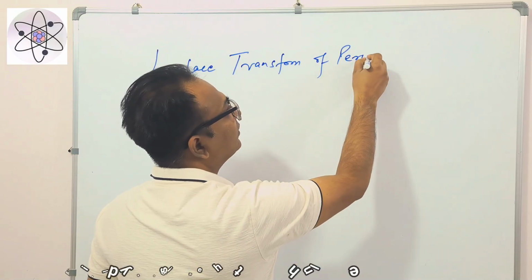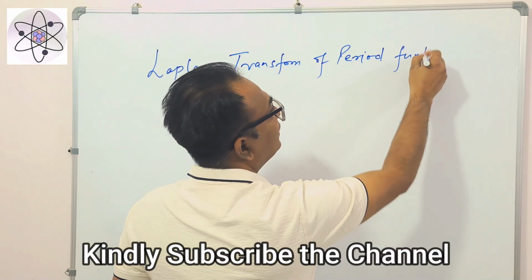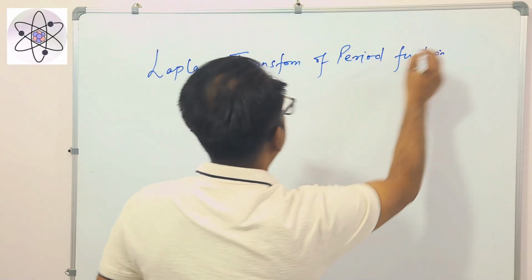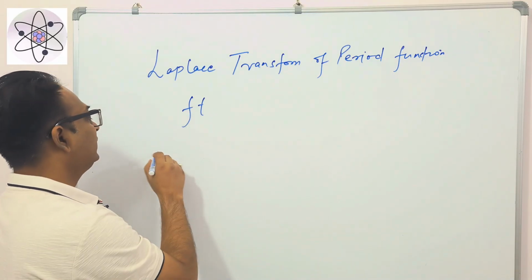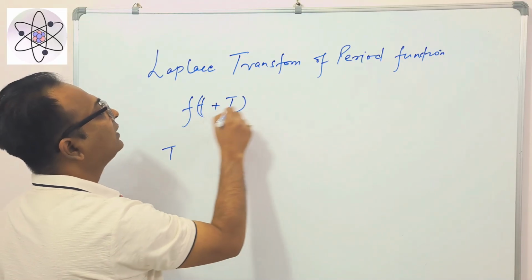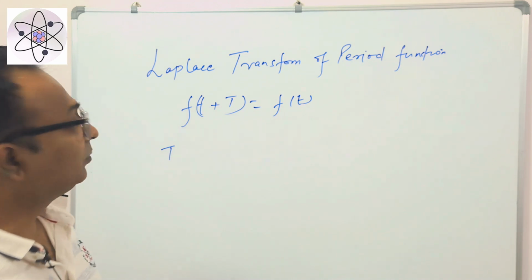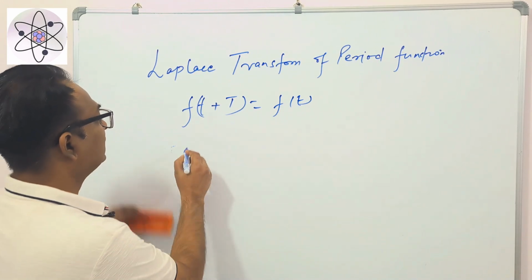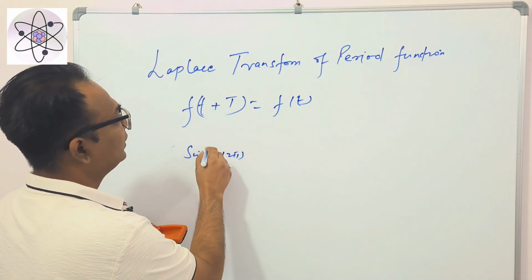Let's say we have a function with a period capital T. Then f(t plus T) will be f(t). This is a periodic function. For example, sine(theta plus 2 pi) is sine theta.